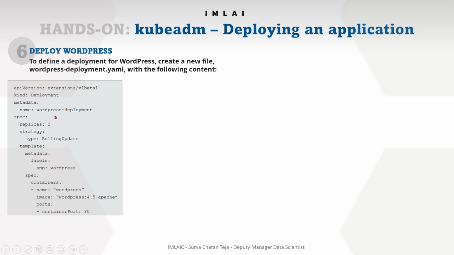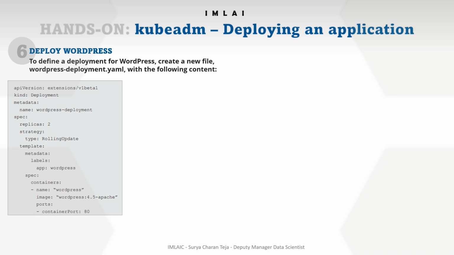Inside the metadata, the name of this deployment we're going to give as wordpress-deployment, and replicas I'll go with 2, and strategy RollingUpdate. The remaining information by and large remains the same because we have done the same example in the kOps cluster. The only difference is creating a cluster, the rest all remains the same.